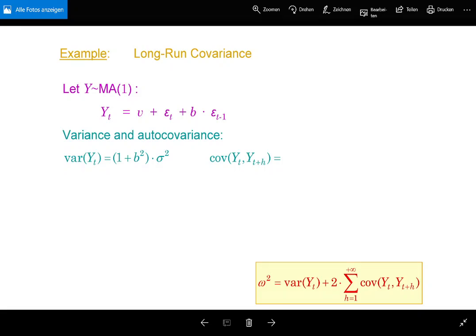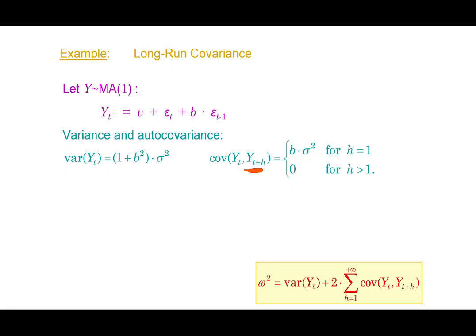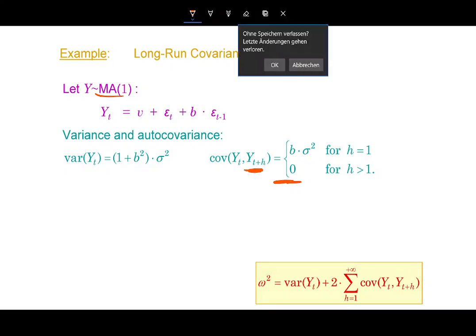And then, of course, you have the autocovariances, and there is something called finite memory. If the lag order of the autocovariance is greater than 1, because the order of the process is equal to 1, then it's going to have zero autocovariance. So that's how it was.